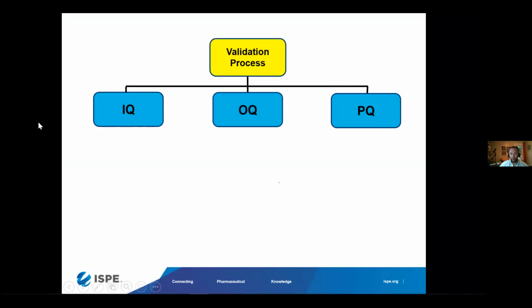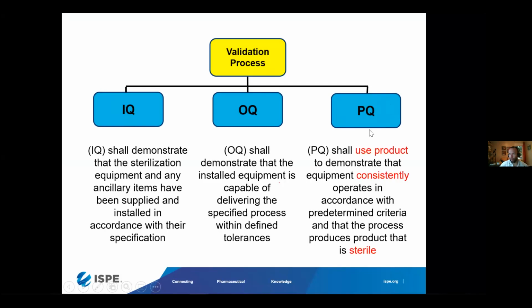The validation process of an autoclave is really broken down into three different sections: the installation qualification, or IQ, the operational qualification, or OQ, and really what we'll focus on today is the performance qualification, or PQ, which is use of biological indicators, use of temperature measurement or thermocouples, use of chemical indicators to show the actual kill of microorganisms, using the loading pattern and the wrapping methods that we've defined in our cycle development.